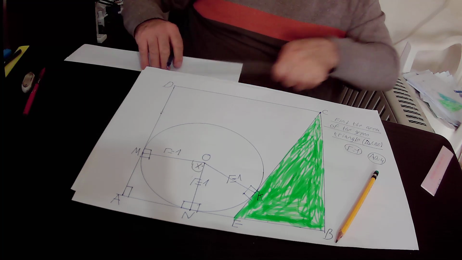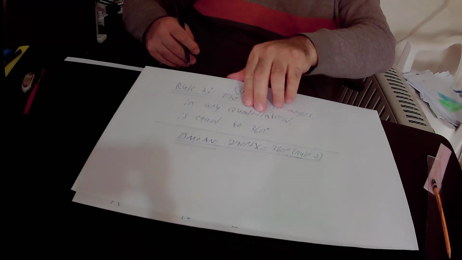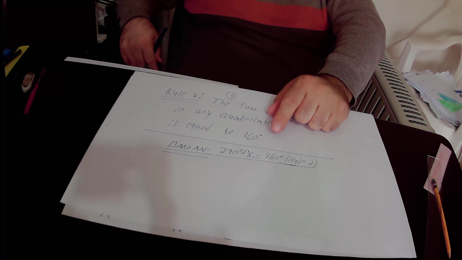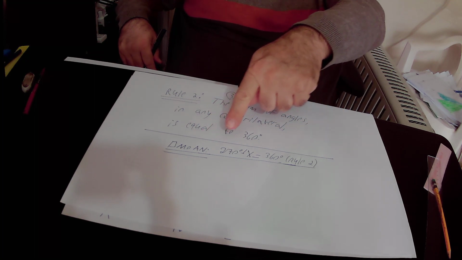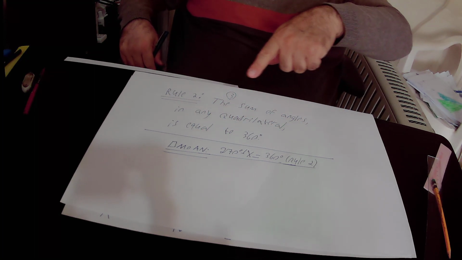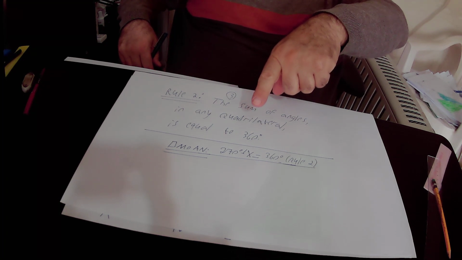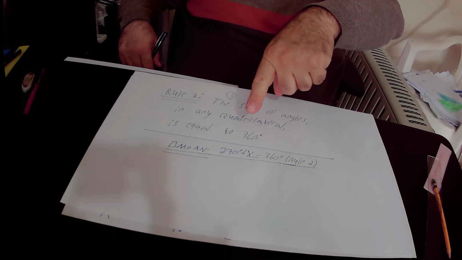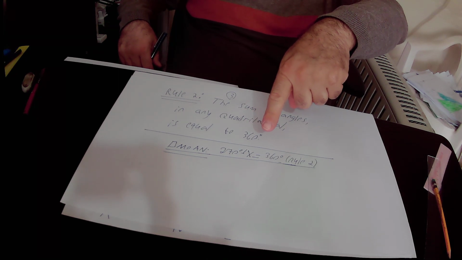So I'll repeat again. The sum of the angles in quadrilateral MOAN must be equal to 360 degrees according to rule number 2. So we have in quadrilateral MOAN 3 right angles. The sum of the 3 right angles is 270 degrees plus the size of the 4th angle.